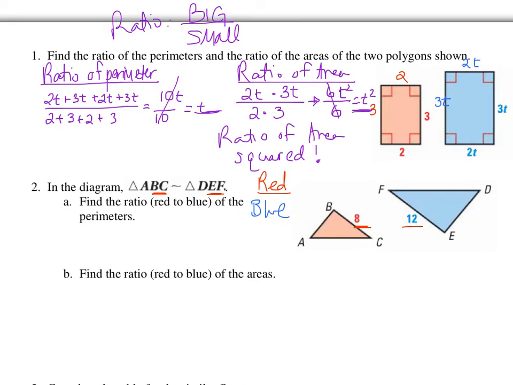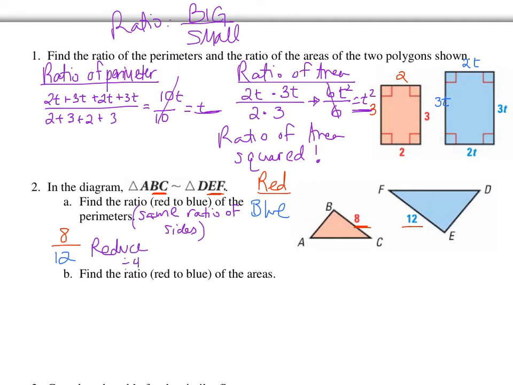We need to remember that our ratio of the perimeters is the same as the ratio of our sides. So if I have the ratio of the sides, that's the same exact answer as the ratio of my perimeters. So I need my red numbers on top, so that would be my 8. My blue number on the bottom, and that would be my 12, and I always need to reduce.